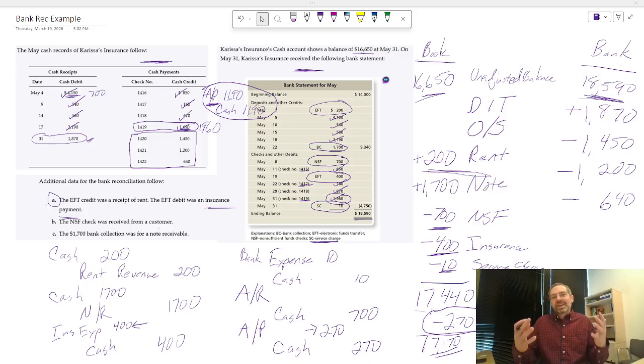So, as the owner, you should know how to do a bank reconciliation and maybe do it or at least read them. Maybe you have your accountant do the bank reconciliation, but know how to read it and know what's going on. If you see large reconciling items, that might mean you need to check up on things.